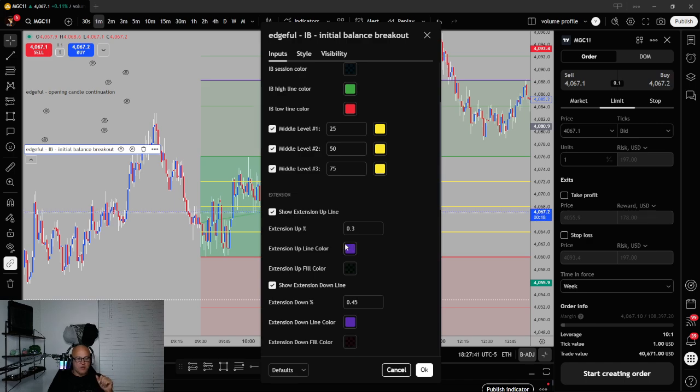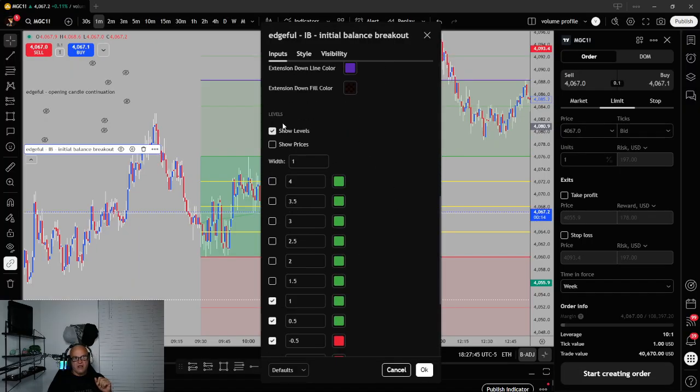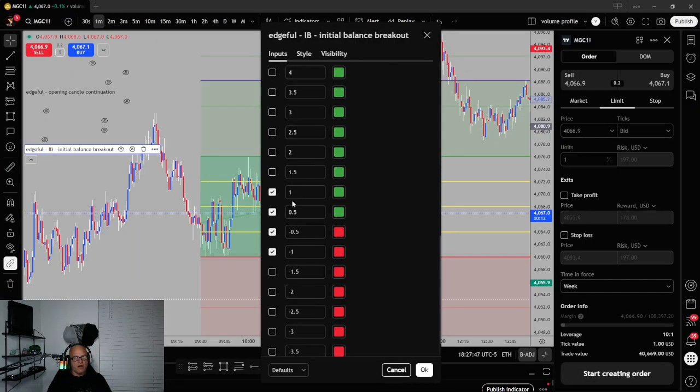But at the moment, right now, all I have, and this is your levels area, all I have marked is the 0.5 and the 1. Okay. Because once we get to the 0.5, the odds of going to one full deviation from the range drops significantly. So I don't want to be targeting the one deviation.